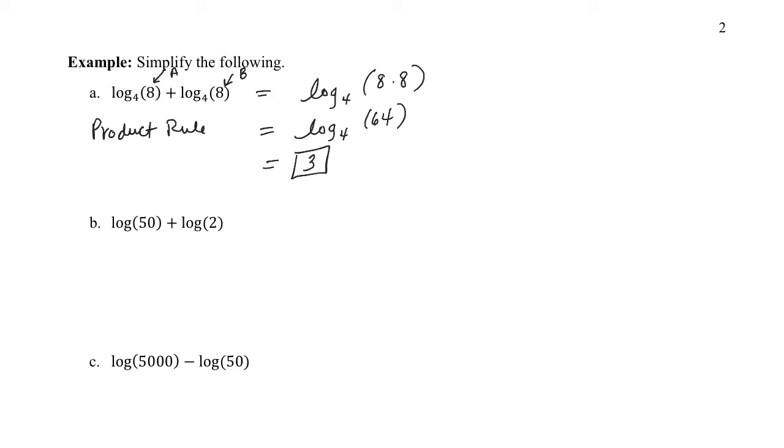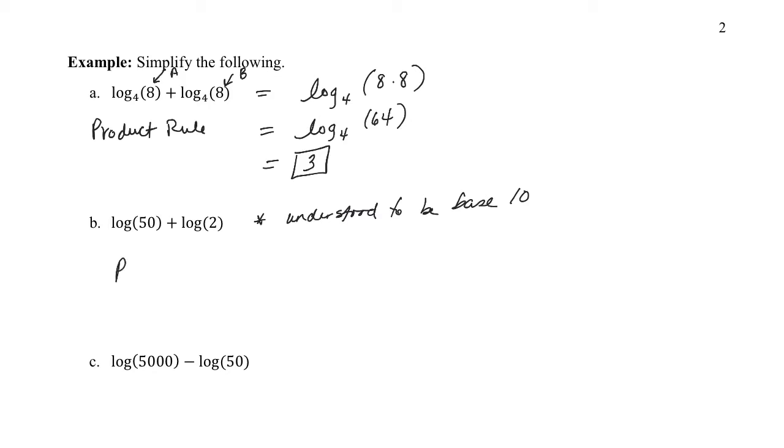For part B, log of 50 plus log of 2. Now the base is understood here to be base 10, because it's not listed. Same rules still apply though. So log base 10 of 50 plus log base 10 of 2.